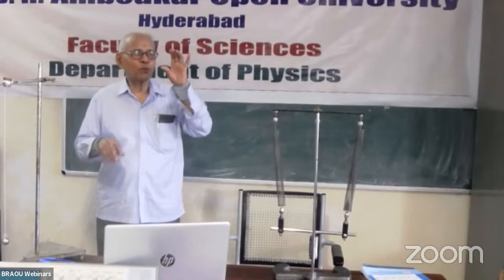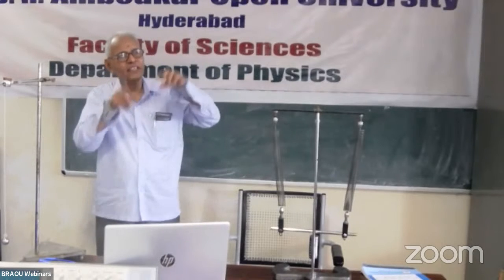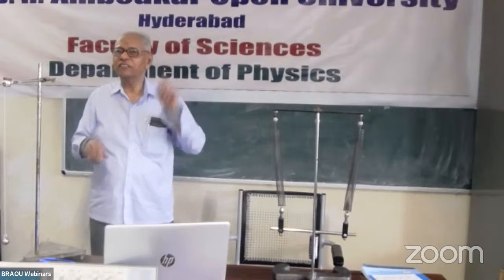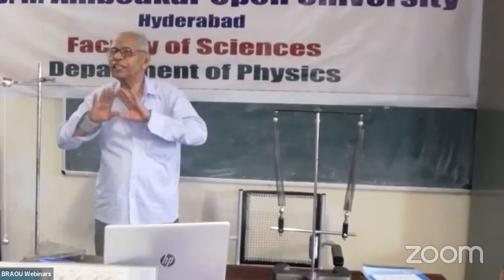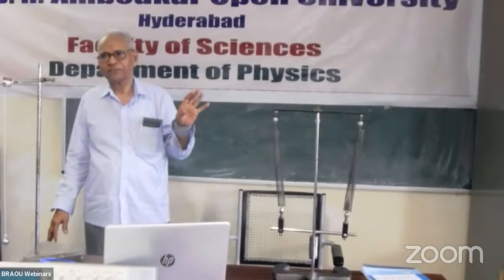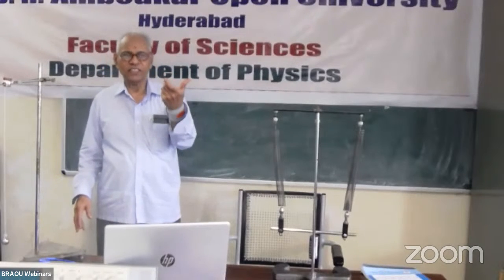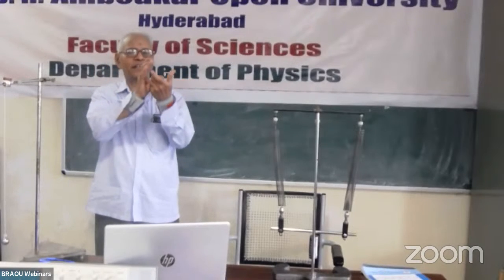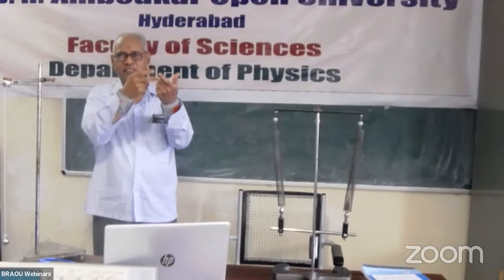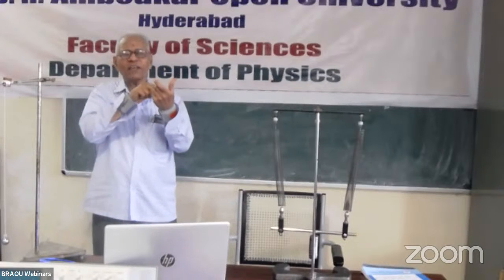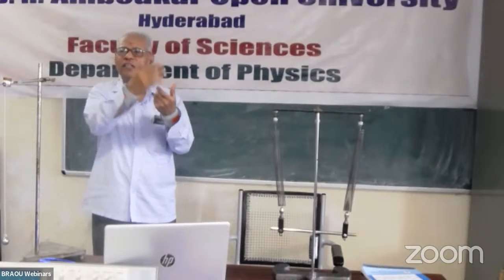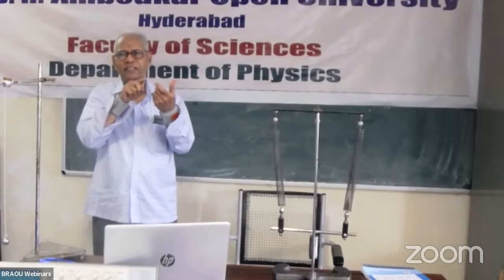You see through the Polaroid, go on rotating that Polaroid in all 360 degrees, no change of intensity. Keep one Polaroid fixed, keep another Polaroid in the direction and rotate one of the Polaroids, either this one or this one. Rotate it.